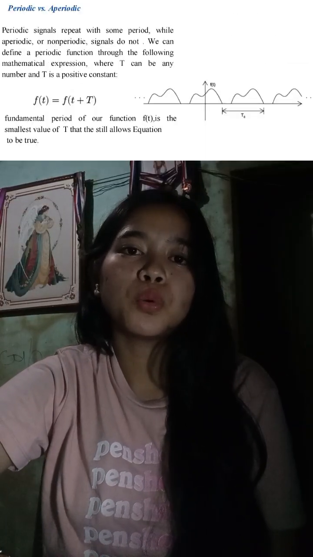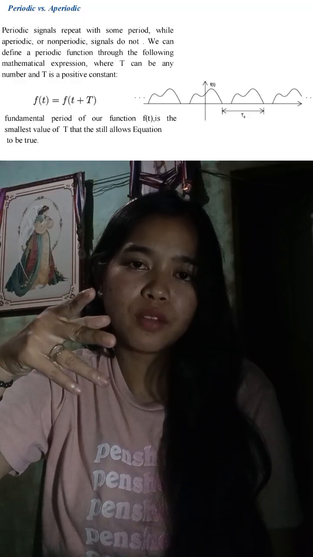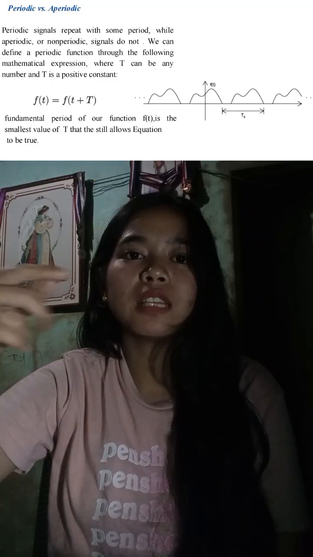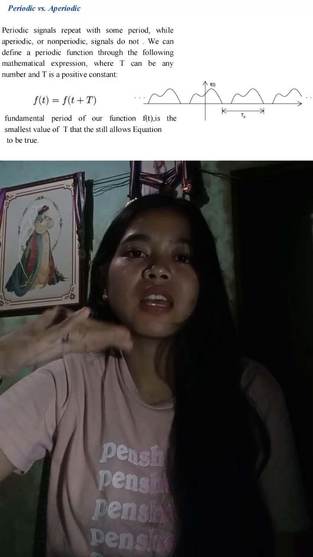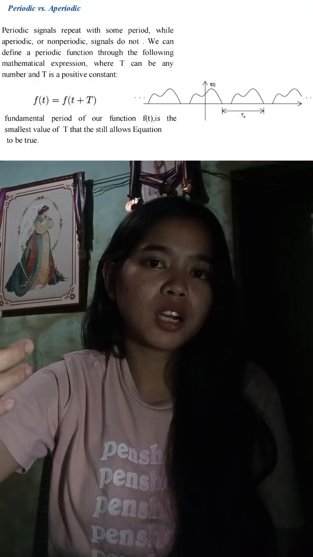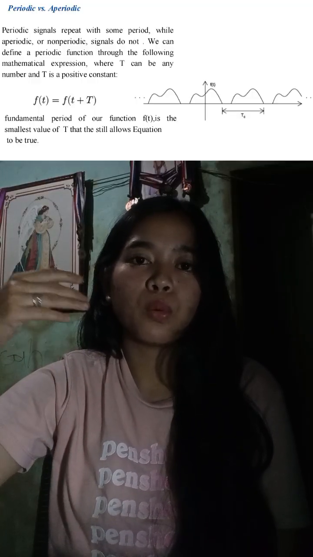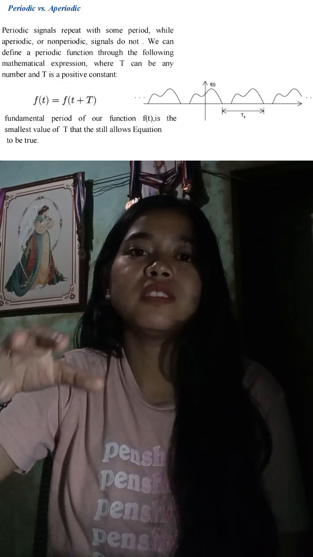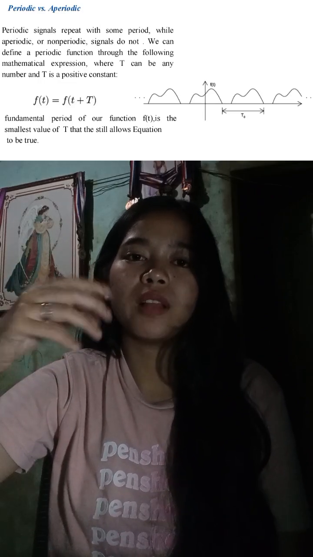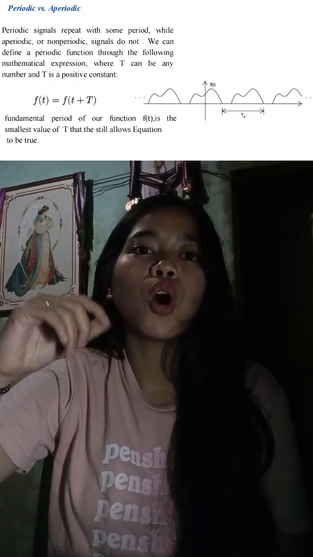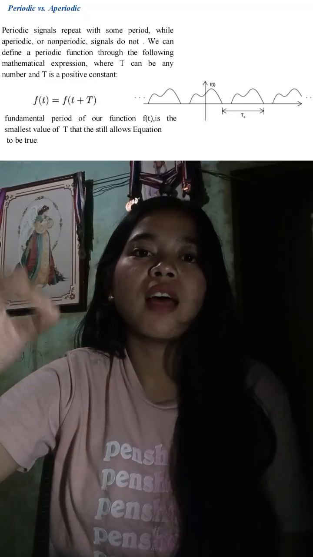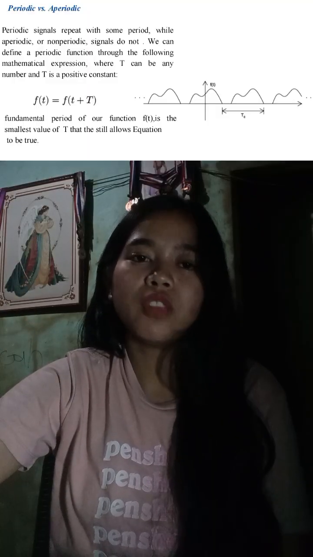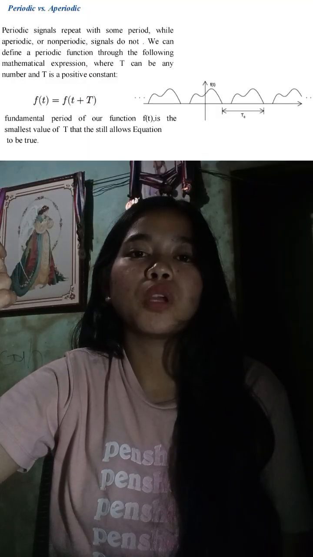Moving forward, let's look at pattern repetition: periodic versus aperiodic signals. A signal is periodic if it repeats its core pattern at regular, predictable intervals. We define a periodic function mathematically using the expression seen on the screen, where T is a positive constant, and the fundamental period of our function is the smallest value of T that still allows this equation to be true.